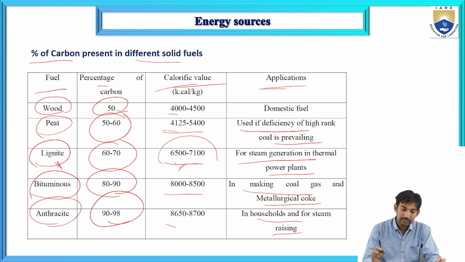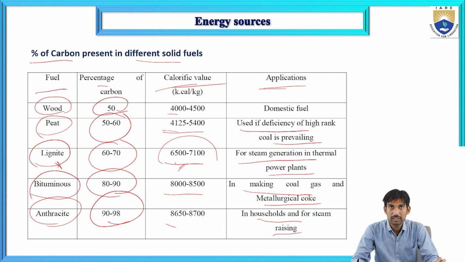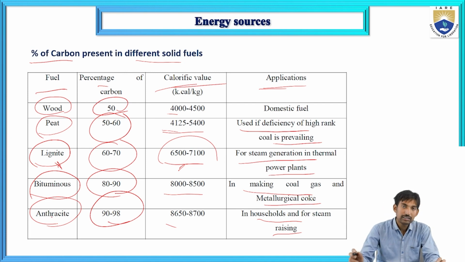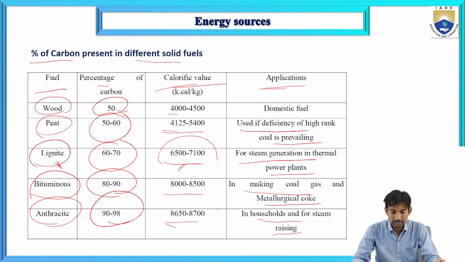It produces 8,000 to 8,500 kilocalorie per kg, and it is used for the preparation of metallurgical coke and coal gas. The last one is anthracite. It contains the highest percentage of carbon, that is 90 to 98%. It produces a calorific value of 8,650 to 8,700 kilocalorie per kg. It can be used for steam raising and household purposes.